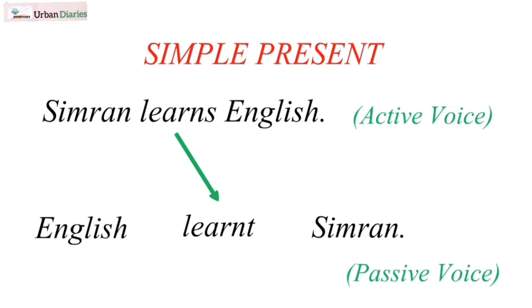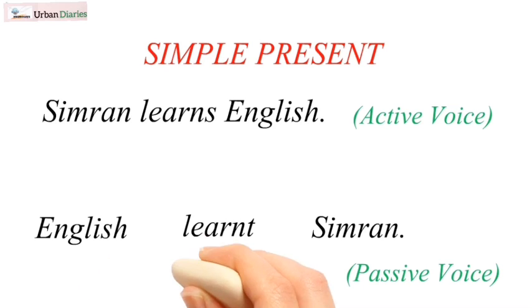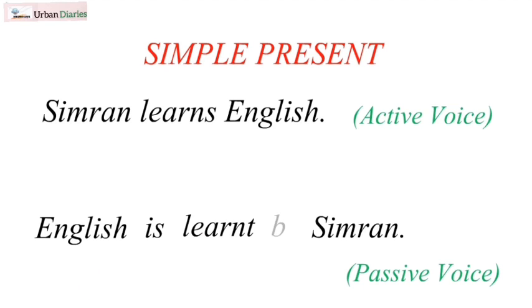So learns will become learnt, L-E-A-R-N-T. Step 4, to put correct helping verb according to the tense. In simple present tense, we put is/am/are according to the subject. Since our subject English is a singular subject, we'll put is here. And at last, step 5, to put by before the object. So the passive voice will be English is learnt by Simran.